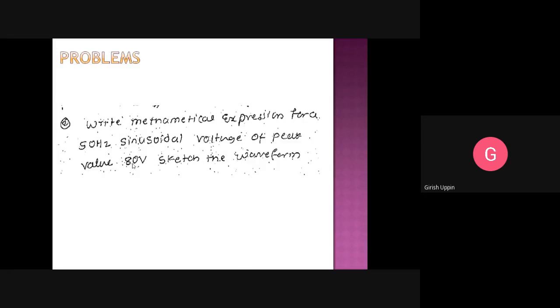Next, write a mathematical expression for a 50 Hz sinusoidal voltage of peak value 80 volt. Sketch the waveform. So first, what we have to do is the mathematical expression for 50 Hz voltage. So 50 Hz means what? f is given, f is equal to 50 Hz, and the peak value, this is Vm, capital Vm or capital Em, is given.